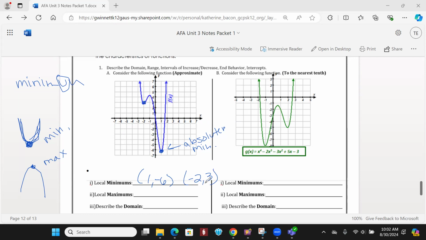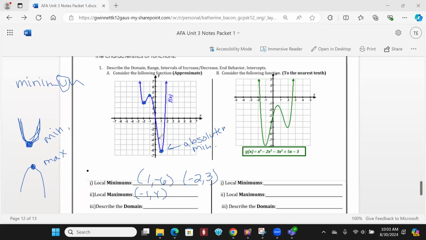We're going to do approximation. So if it's close to that line, we're just going to say it's that whole number. Okay. Local maximum. So when it's at the top of the hill, that's going to be (-1, 4). And there's no other maxes. We okay? Okay.